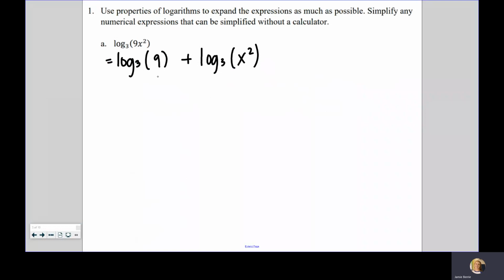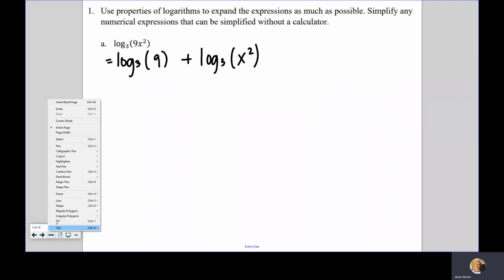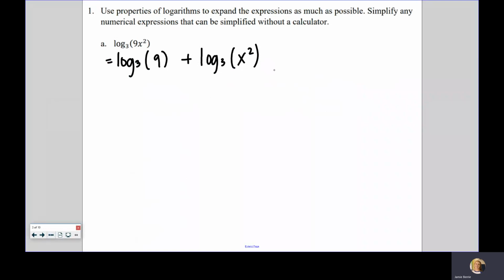So I'm going to come back and work on this in just a minute, but the next thing I need to do is get rid of that exponent. So I'm going to bring this exponent outside of its logarithm. Notice that it's not coming all the way to the front. It's just going out in front of its individual logarithm.